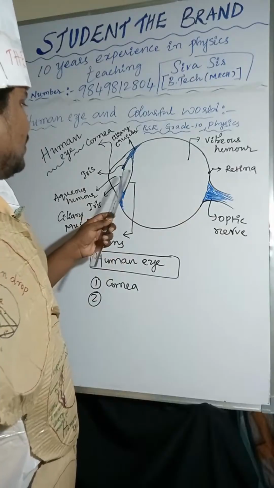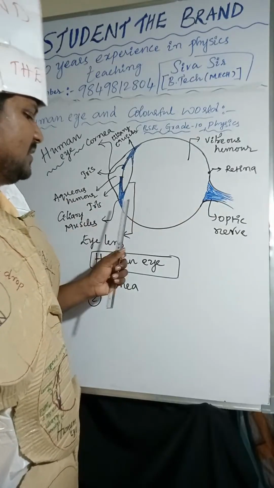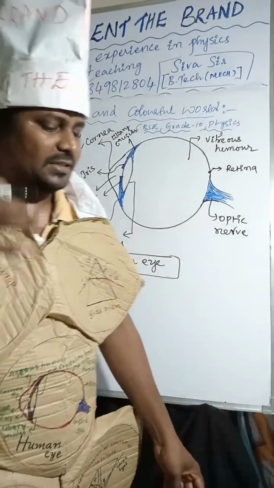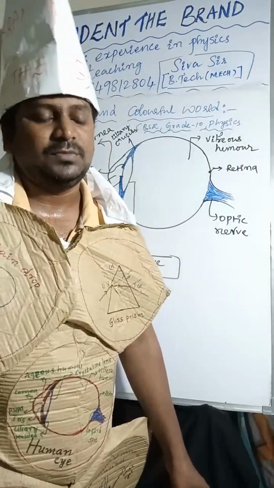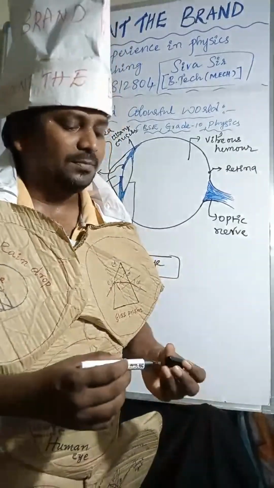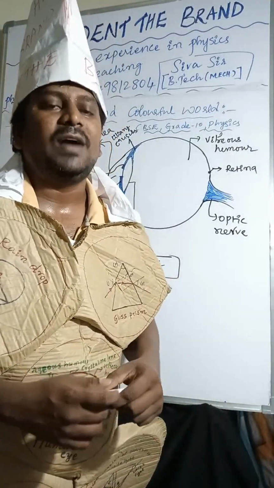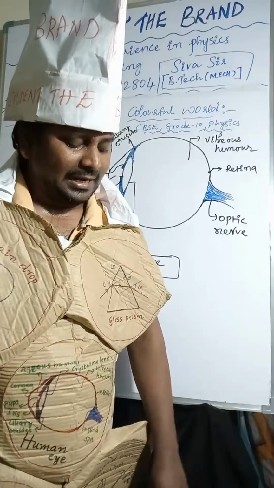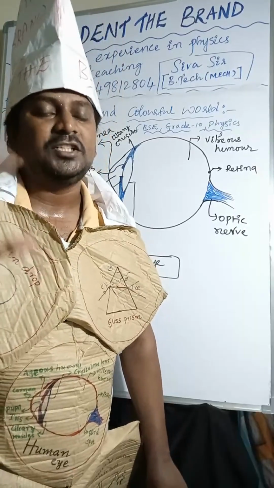And next we are going to the ciliary muscles. Ciliary muscles matter when you are seeing a nearby object and a far away object. So what happens? It adjusts the curvature of the eye lens.